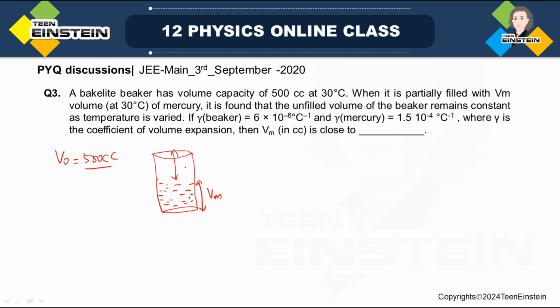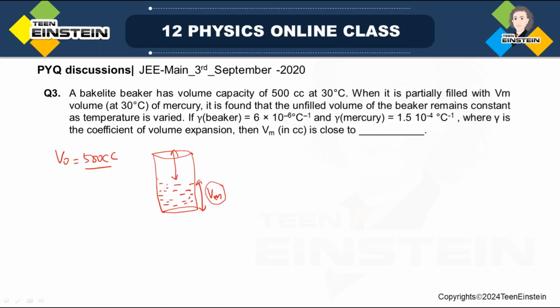Now when the temperature is varied, it is seen that the empty volume remains constant with temperature variation. It does not change at all. So in that case, what is the volume of this mercury? That is the question.